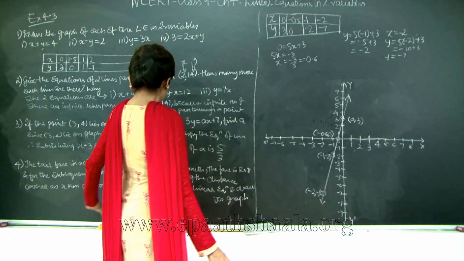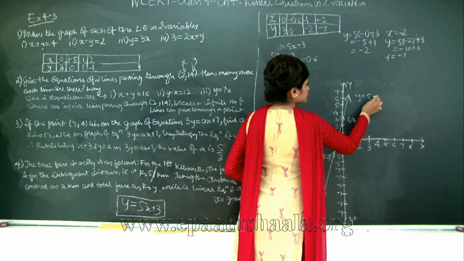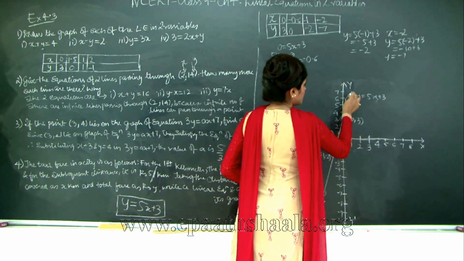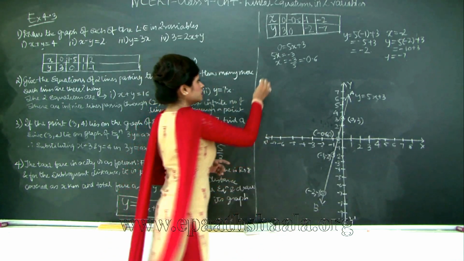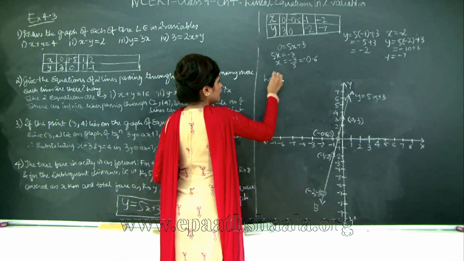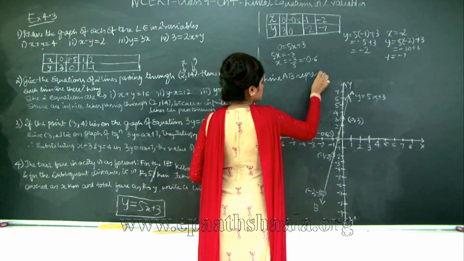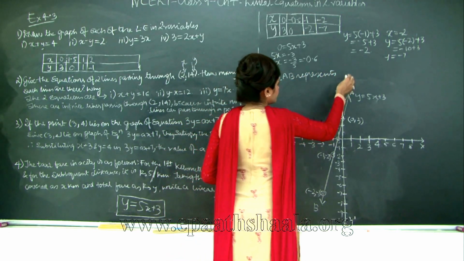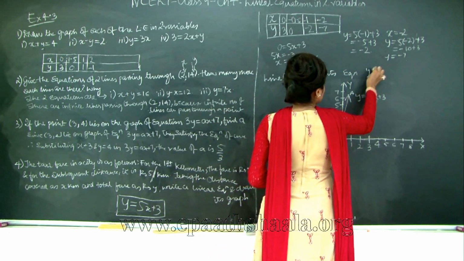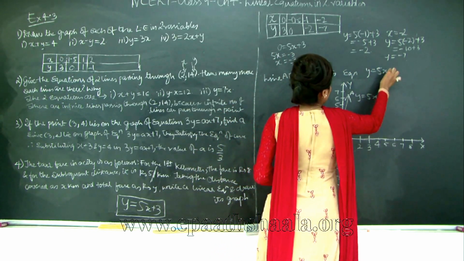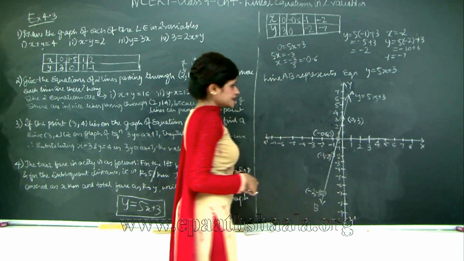So my equation is y is equal to 5x plus 3. I will mark this line A to B, and finally I am going to write my answer. Line AB represents equation y is equal to 5x plus 3. Please take a look.